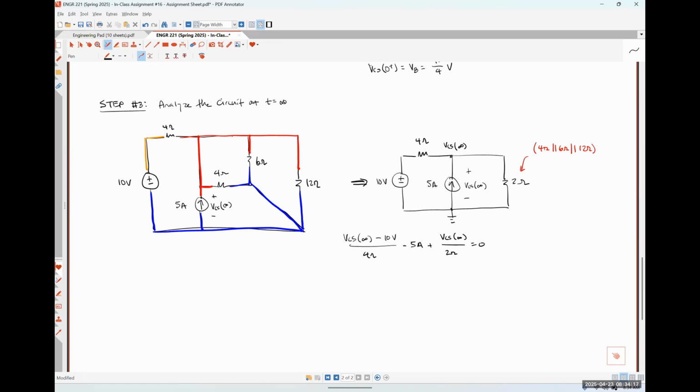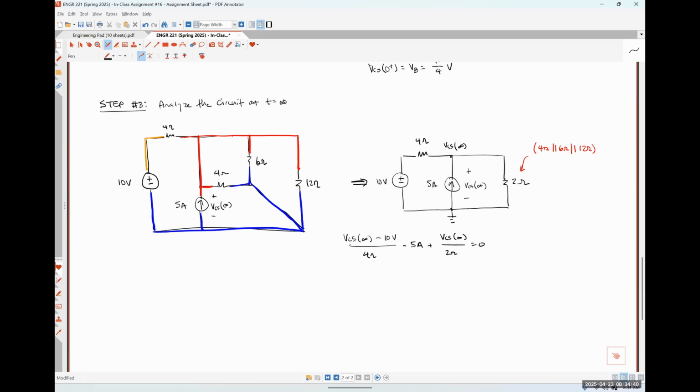So I'm going to use the numerical solver function on my calculator to do just that. So x minus 10 over 4 plus x over 2 is equal to 5. Guess x is equal to 1.